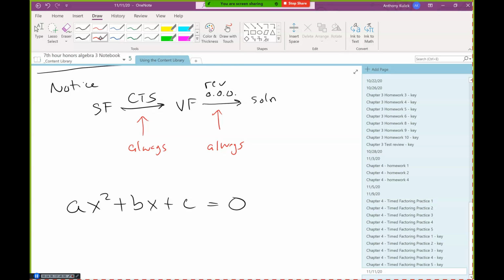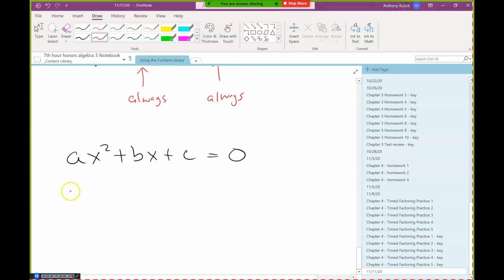Okay? So to complete the square, we need to make sure the leading coefficient is 1. So I'm going to start by factoring out an a. So far, so good. All right. Then I'm going to add and subtract b divided by 2 squared.